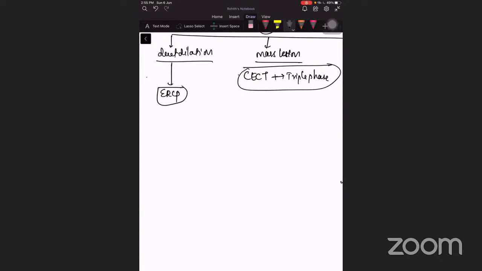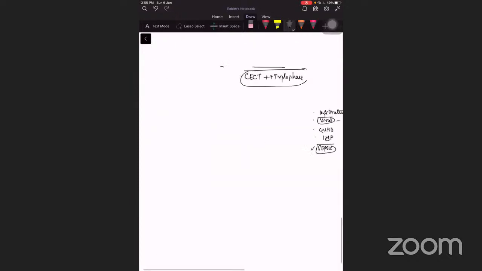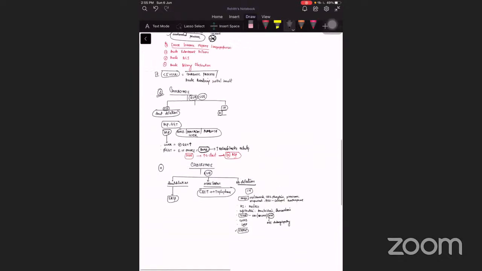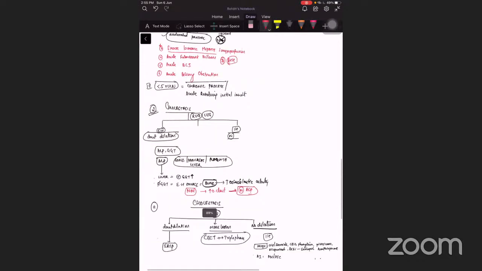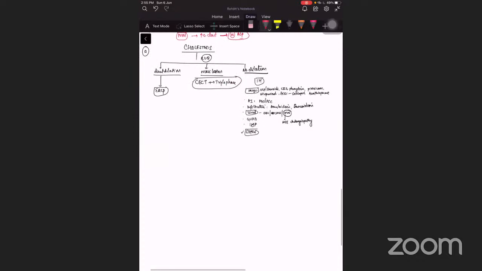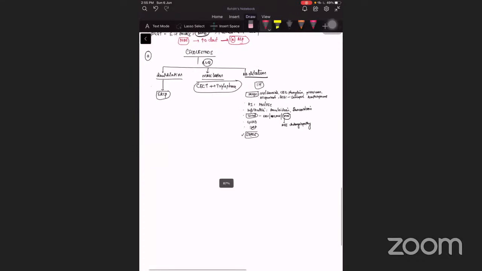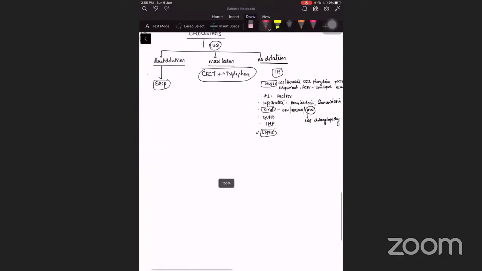So if this is done, one more thing here is autoimmune hepatitis. In acute presentation, autoimmune hepatitis can present with just an AST and ALT in thousands. That is also another cause that has to be remembered.